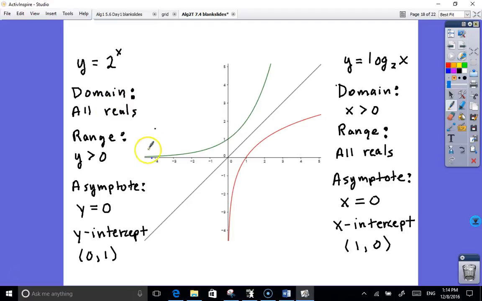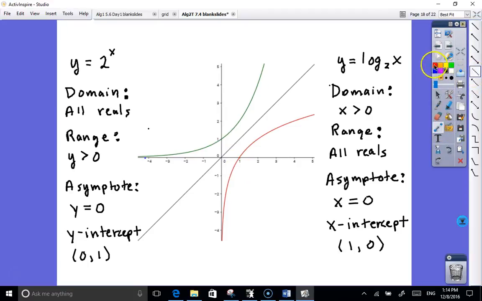Whereas the exponential had an asymptote on the x-axis, the logarithm has an asymptote on the y-axis, so it's x equals 0. And again, the exponential had a y-intercept of 0, 1. That means the logarithm has an x-intercept of 1, 0.